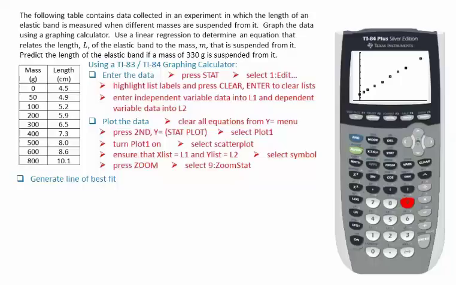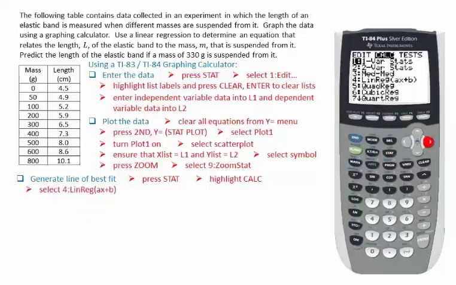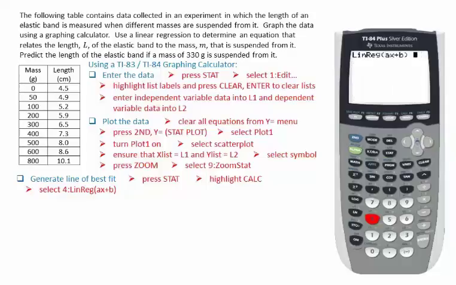To do this, again, we press the Stat key. In this case, we have to highlight Calc. Here we want to create a linear regression, so we select option 4, LinReg(ax+b). We then press Enter.